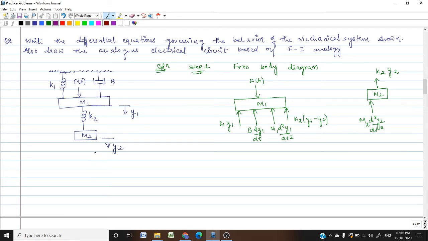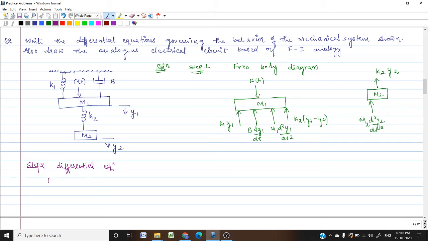Now coming to the step number 2, it is to write the differential equations. So first we will write for mass m1.